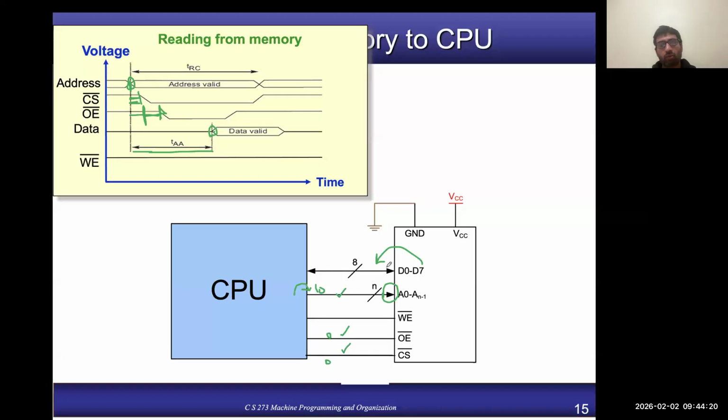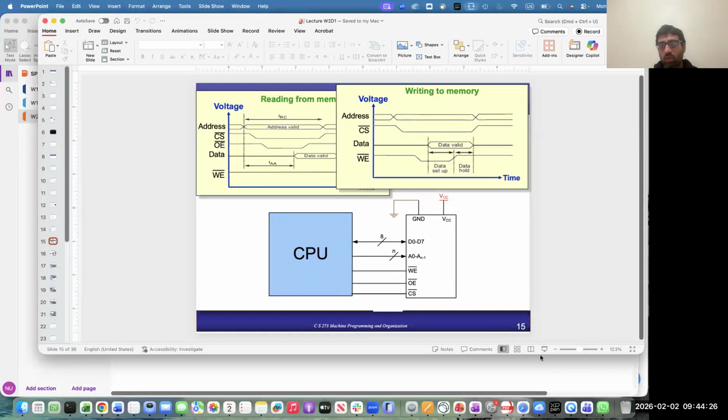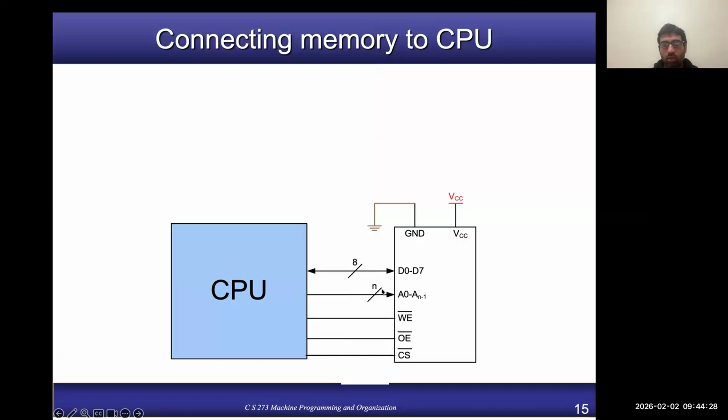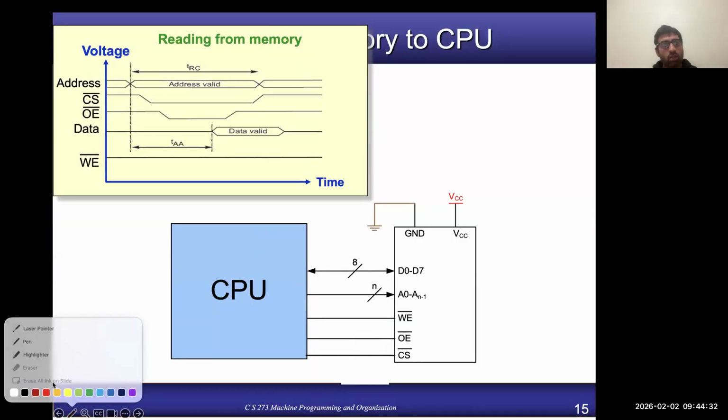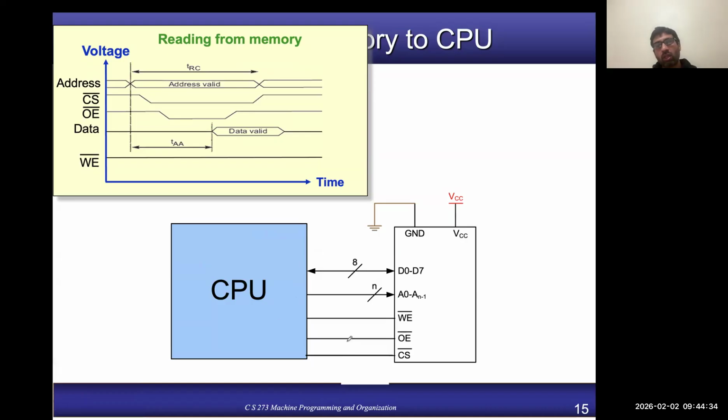Let me actually delete these annotations. So let's say now you want to do the write operation. Again we need the address, we need to enable the write enable line and chip select. But can we place the address, write enable and chip select at the same time?